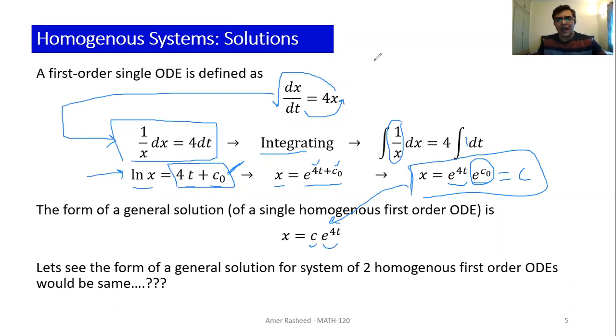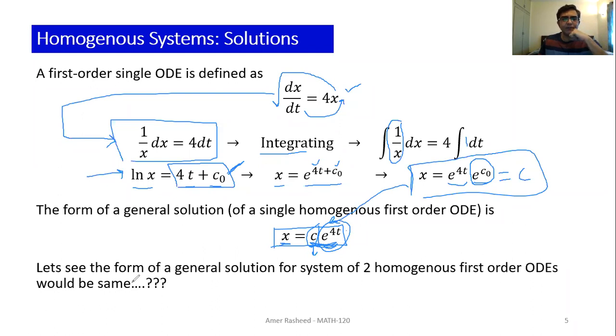Whenever we have a single homogeneous linear first order differential equation, its solution is of this type: a constant times the exponential of some constant times t, where t is the independent variable and x is the dependent variable. C is the constant of integration.